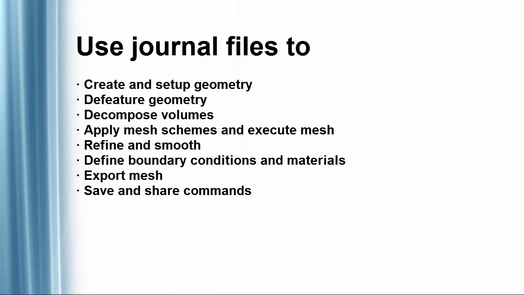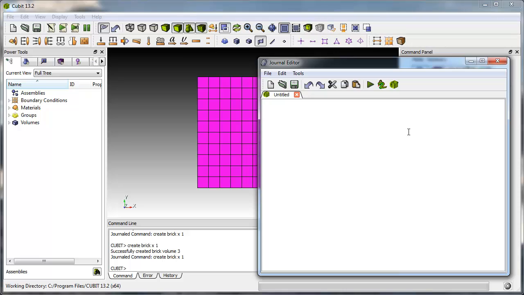And then they might have a journal file to set up the meshing, so set the intervals and sizing, mesh schemes, any refinement, any smoothing that needs to happen, even setting up for the analysis in terms of establishing boundary conditions and then exporting the mesh. And again, those are things that can be stored long term and then used over and over.